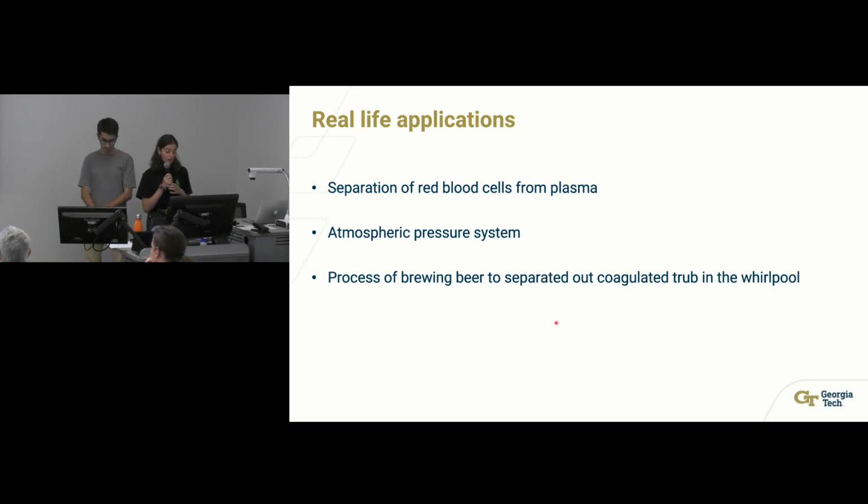This phenomenon has been used to develop new techniques to separate red blood cells from plasma, to understand atmospheric pressure systems, and also in the process of brewing beer by whirlpooling. This is a common method used in commercial breweries to separate pellets and syrup from wort after the wort boil.